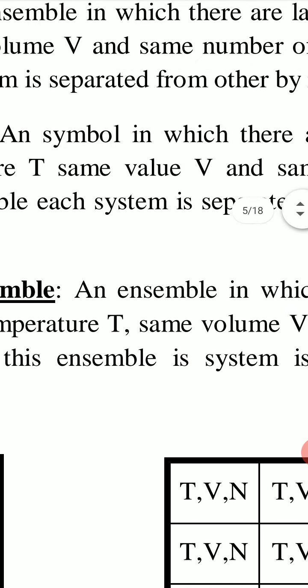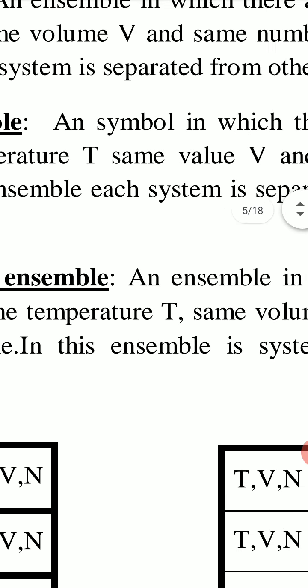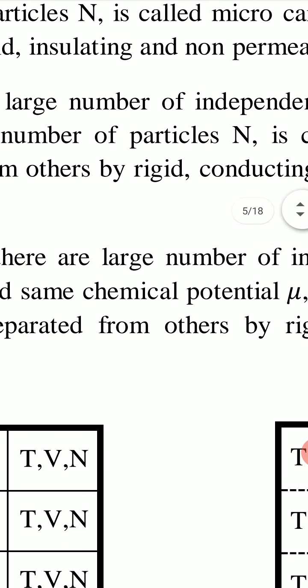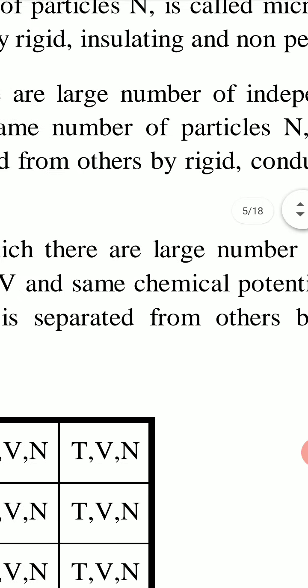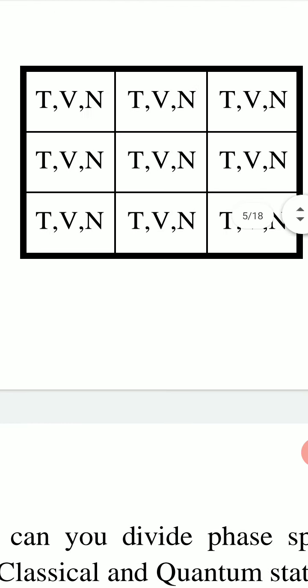In this ensemble, each system is separated from the other by rigid, insulating, and non-permeable walls. The walls separating these systems are rigid, so the volume V of each system remains the same.